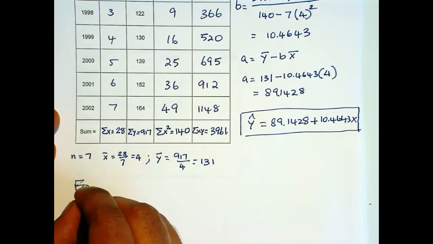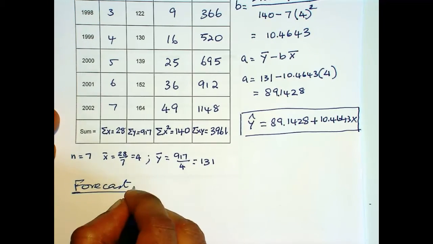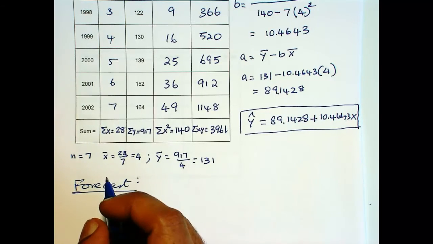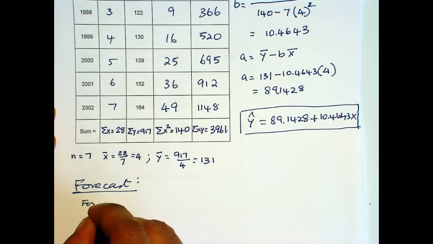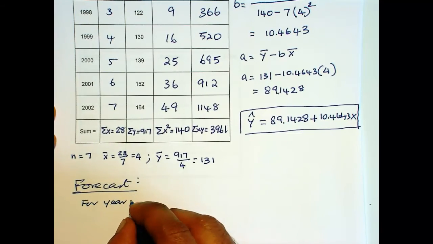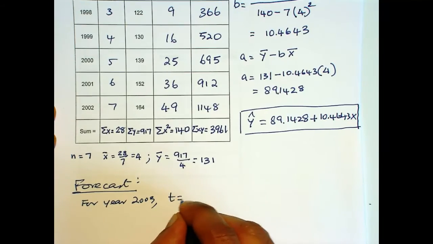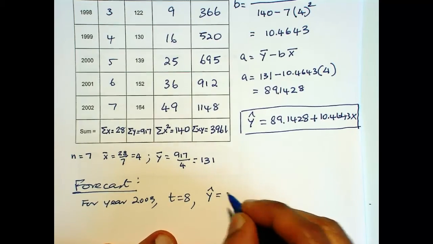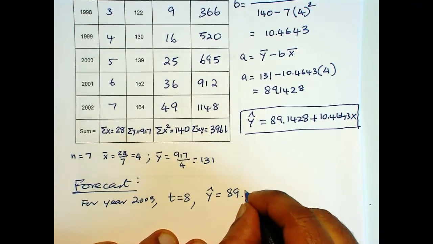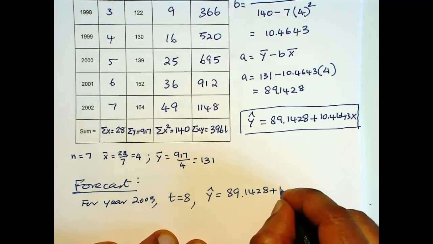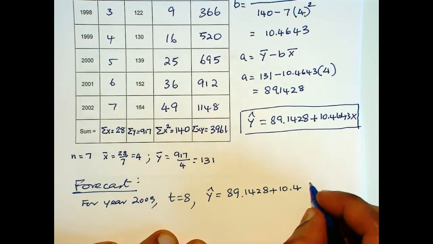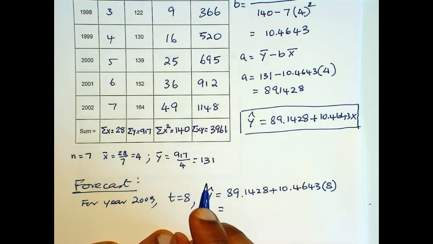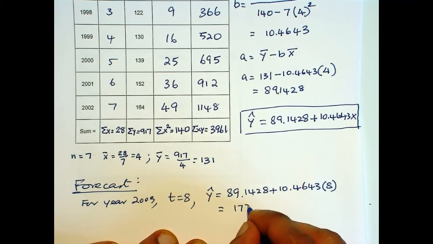Now we want to find forecast. So for year 2003, t is 8. So you put that into this equation, 89.1428 plus 10.4643 times 8, then the forecast is 172.9.